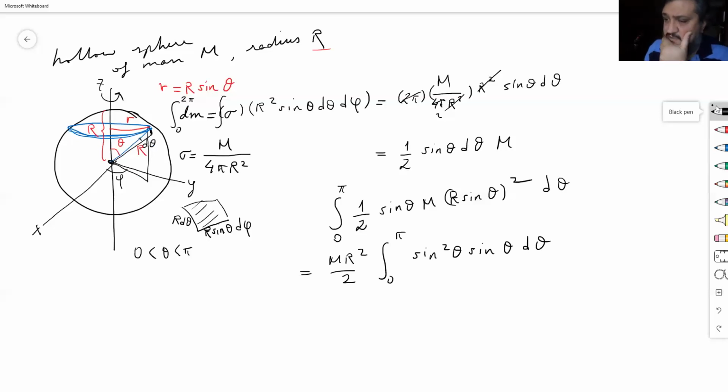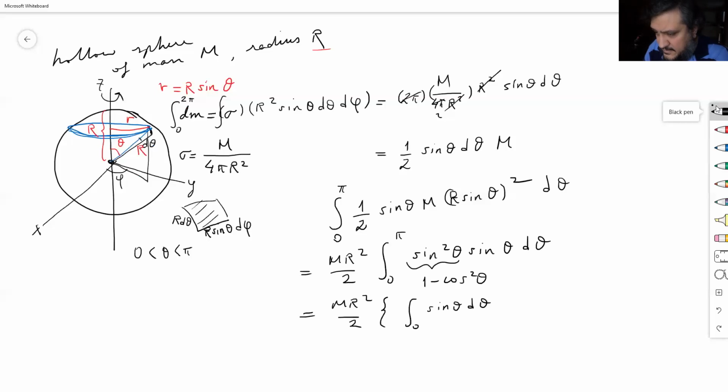Okay, now sine squared is 1 minus cosine squared theta. So basically I have m r squared over 2 the integral of sine theta d theta minus the integral of cosine squared theta sine theta d theta.